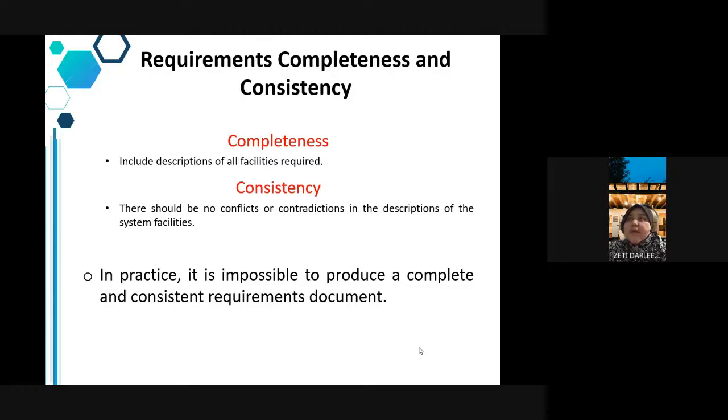So that's why we have to identify what are the activities involved, who is involved, and what are the restrictions or constraints yang involved. Okay. So completeness includes descriptions of all facilities required. Sebab itu akan kita hasilkan, ya. Consistency is something that we are consistent about. No conflict. It's always no conflict or contradictions.